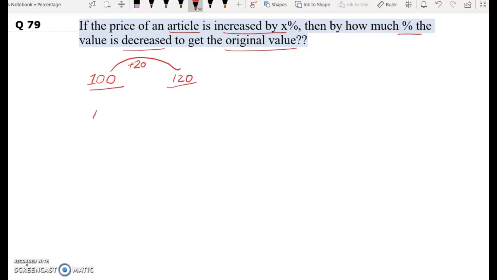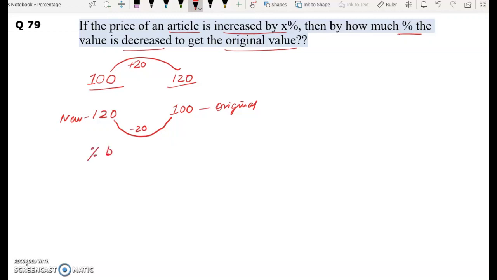Now what we need to do, we need to decrease this new number by such amount so that it becomes the original number, which is 100. This is the original number. So we will have to decrease how much? 120 minus 100 is 20. Now this much we need to decrease.